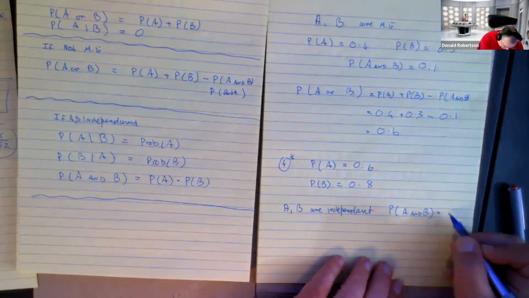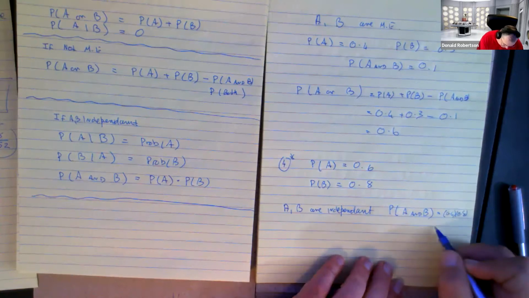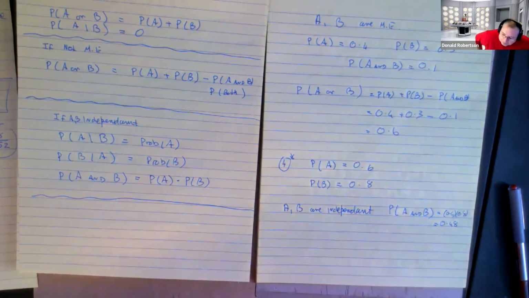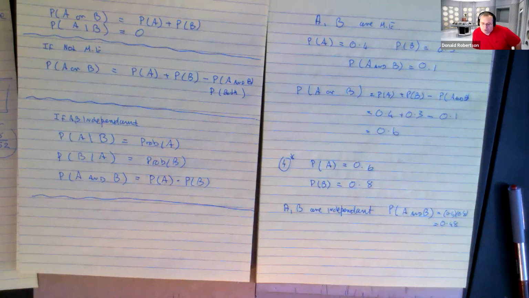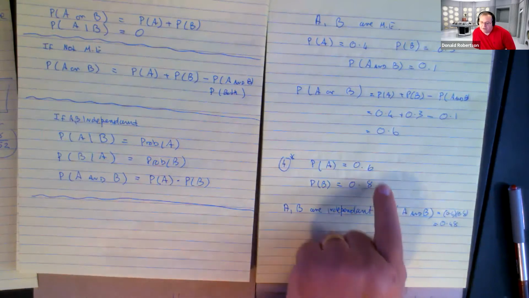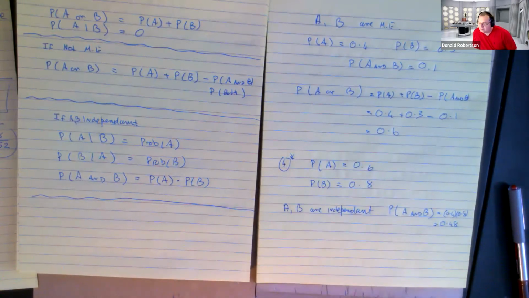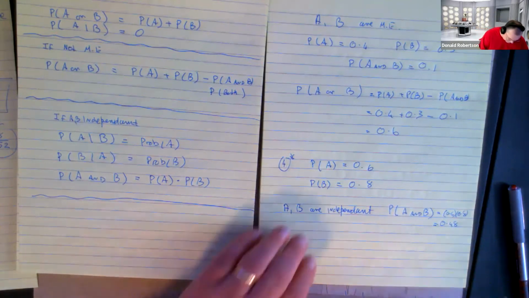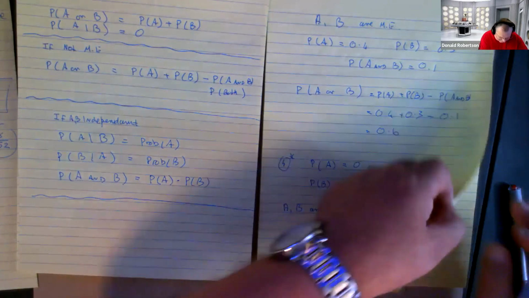So it's going to be 0.6 times 0.8. So the probability of that event happening is 0.48. So if 2 events are independent and you want to know the probability of both of them happening, the answer is this times this. Put a story on that. That might help.